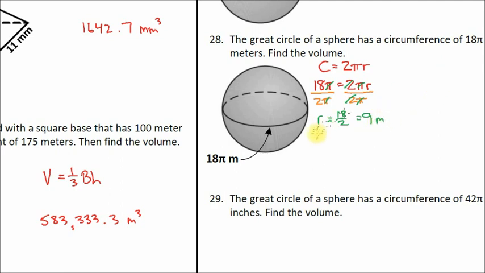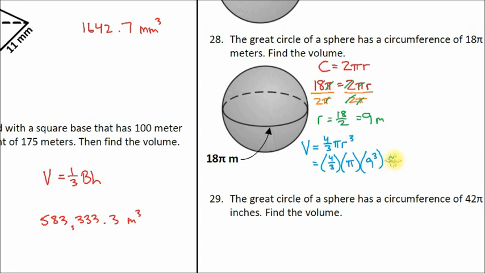All we have to do now is find the volume. So the volume of a sphere again is 4/3 pi r cubed. And so let's plug this in for our calculator. 4 divided by 3 times pi times 9 cubed.